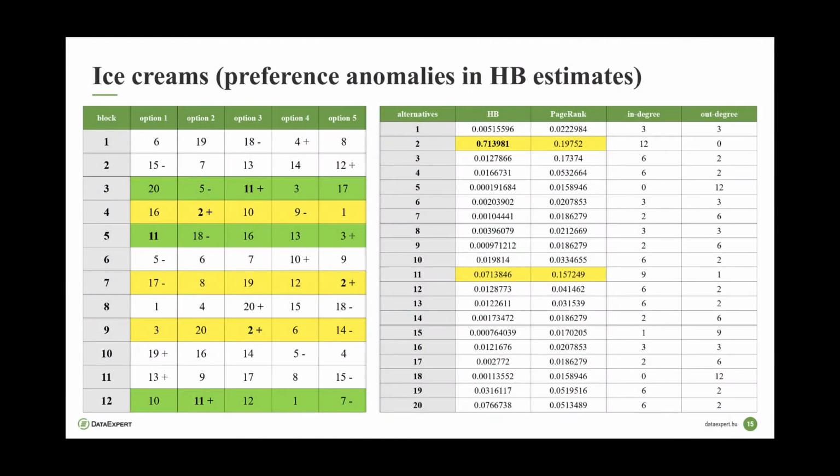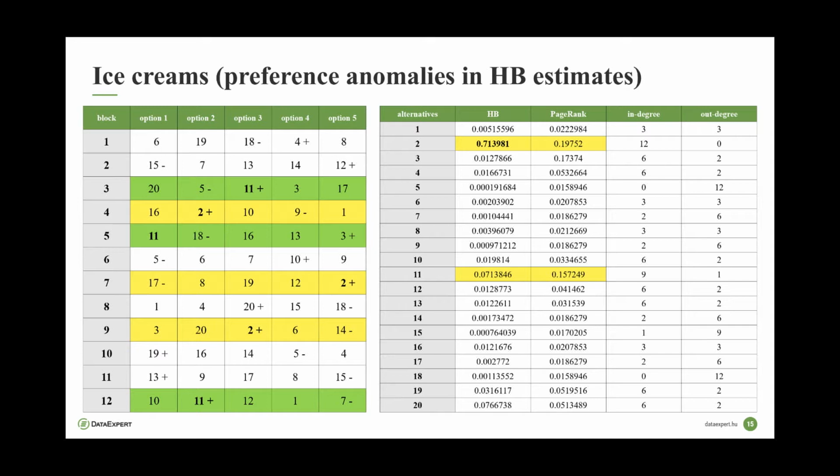Now here you can see this is about ice cream. Actually, I like ice cream, so I was very happy with this database. And you can see the yellow rows at the left side, that node ice cream 2 was selected as best 3 times.